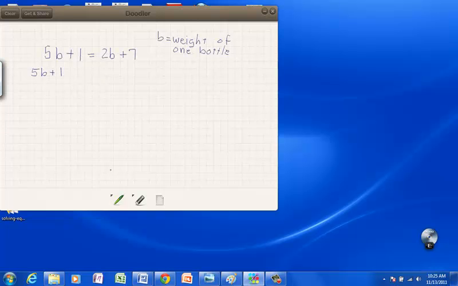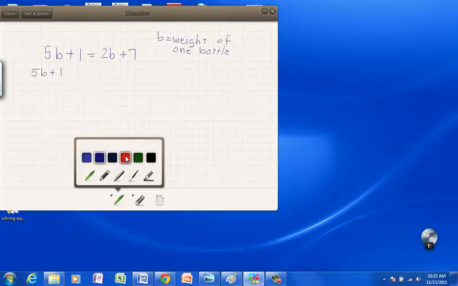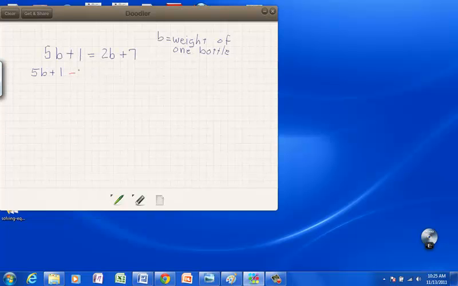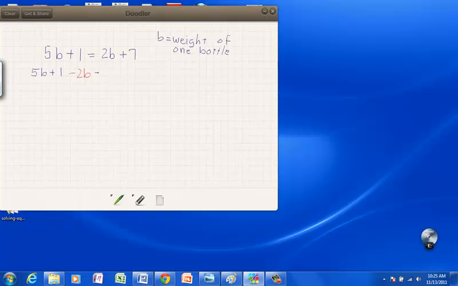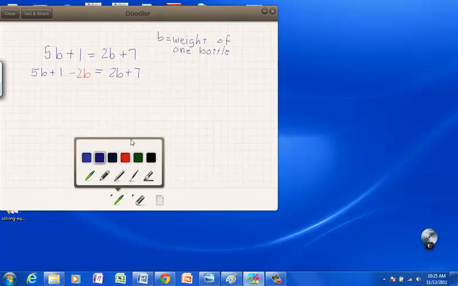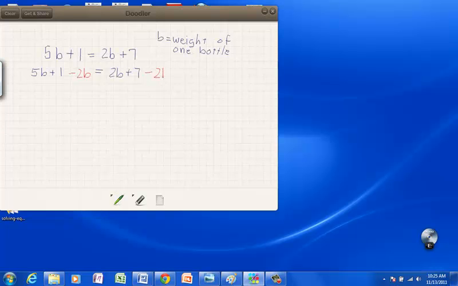Remember that it's better to do this horizontally. So we subtracted 2B. And what that does is it gets rid of the variable B on that side of the equation.